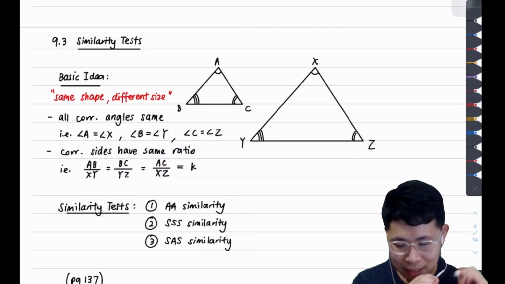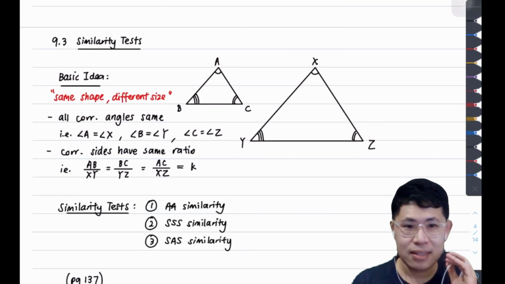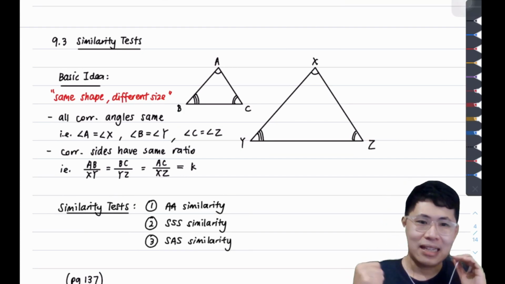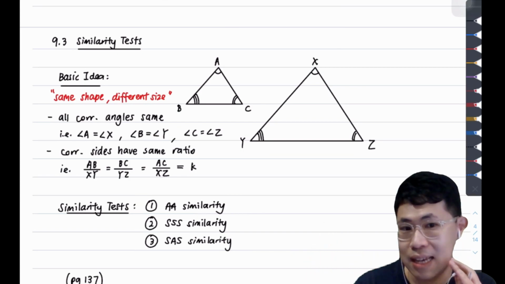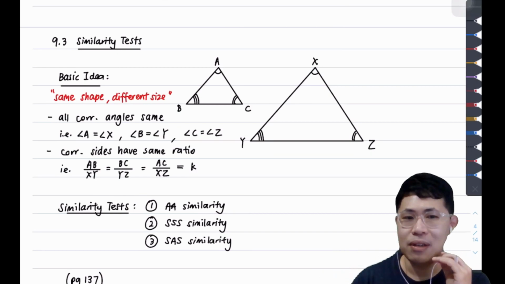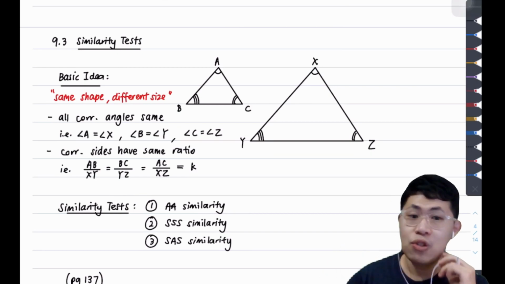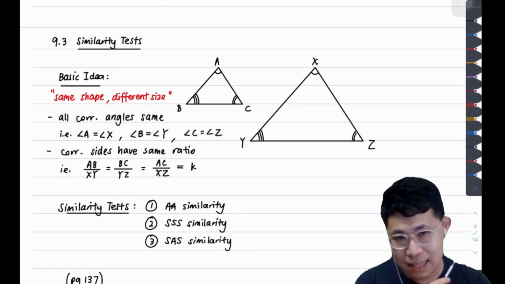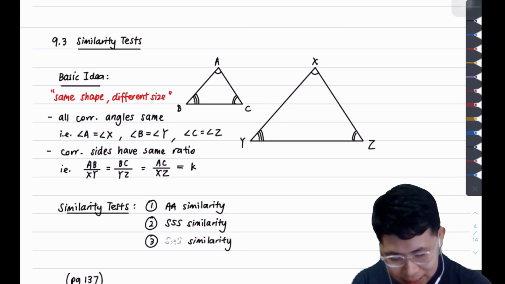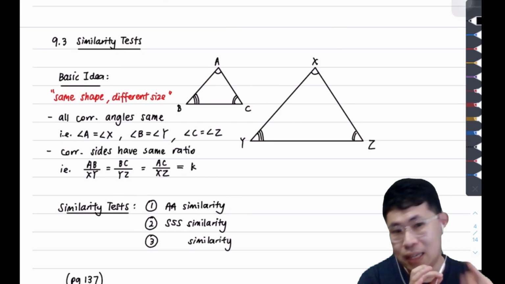Without further ado, let me introduce you to three tests to show that the two shapes are similar. We have the AAA Similarity Test, we have the SSS Similarity Test, which is a bit different from the congruence SSS, and we have the SAS Similarity Test, which is also different from the congruence SAS. For this SAS, it does not have to be in this order.